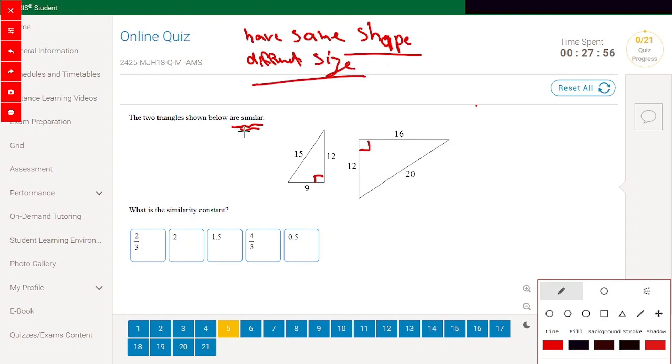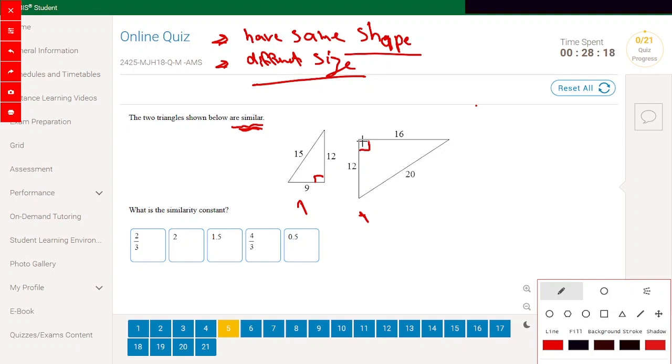Now we can get a question: what is the difference between similar triangles and congruent triangles? Congruent triangles are exactly the same in shape and size, but similar triangles have the same shape but different size.